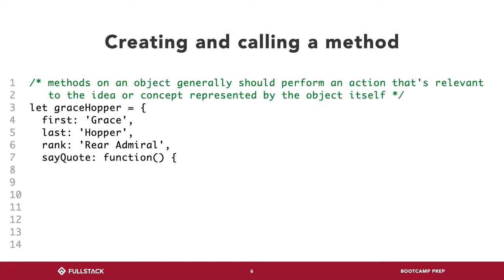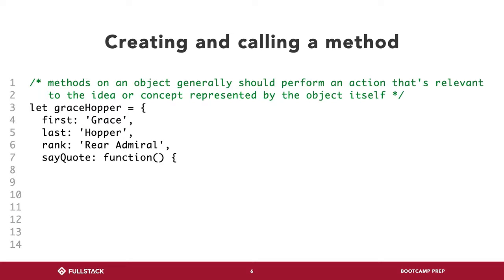Methods on an object generally should perform an action that's relevant to the idea or concept represented by the object itself. This is pretty important. Take that calculator object I just showed you. I wouldn't create a method, a function, that returns a poem, because it doesn't make any sense. Why would anybody look at my code, see an object called calculator, and expect it to return a poem?